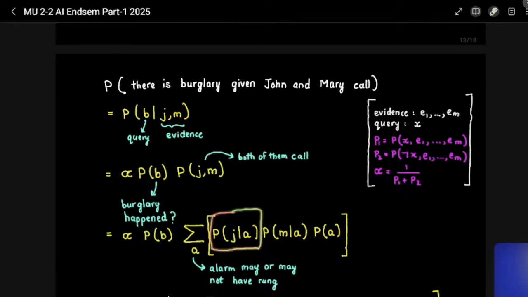So probability of John calling multiplied by probability of Mary calling, given that A happened. So here I wrote summation of A because there is a possibility that the alarm might have rung or might not have rung. So I'll have to go through all possible cases.